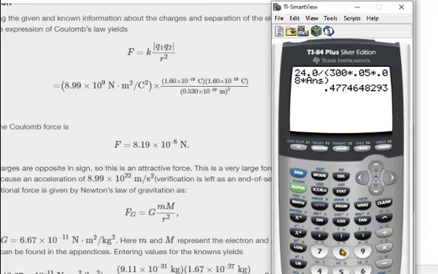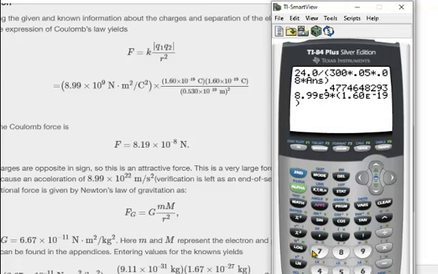So let's see, 8.99 times 10 to the 9th times parentheses 1.60 E, or 10 to the negative 19, so very small.